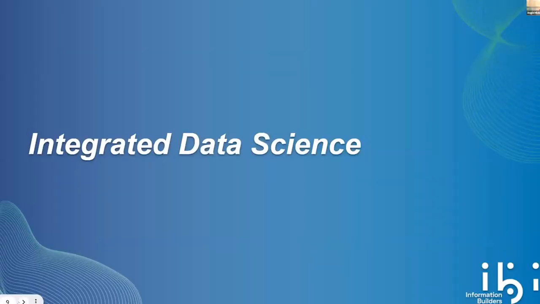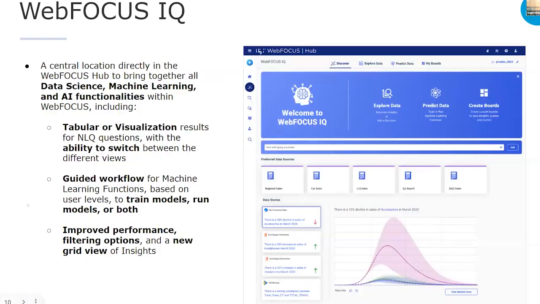Then moving on to data science, we've been doing a lot of enhancements overall in our data science and machine learning capabilities. Our ultimate end goal is something that we're calling WebFOCUS IQ. We want this to be the central location where you can go for all of your data science and machine learning needs. We already have NLQ requests, NLQ queries in our explore data dialog.